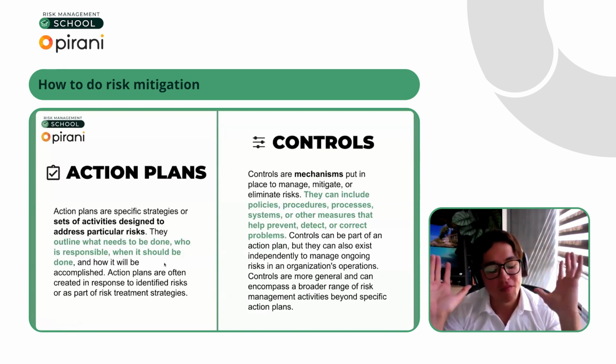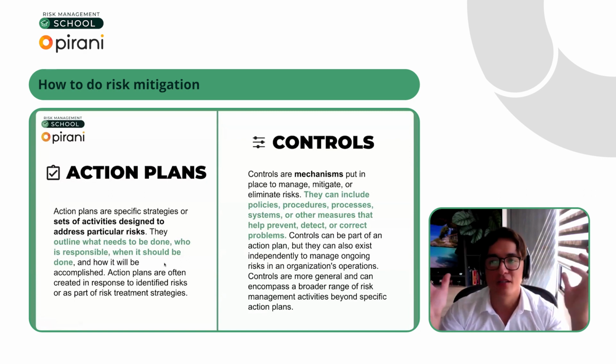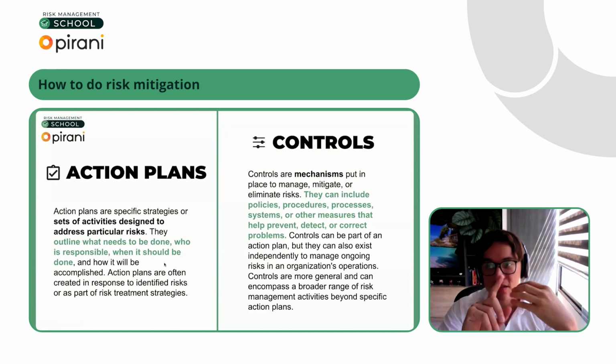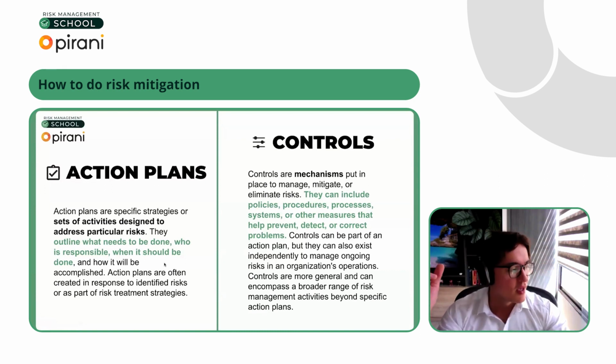So until here, we have two main strategies or two main assets to do the risk treatment that we're talking about: controls and action plans. Because in some ideas or methodologies, just controls are used to mitigate risk.